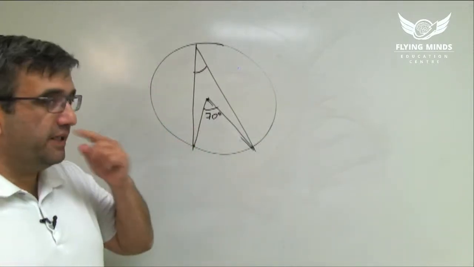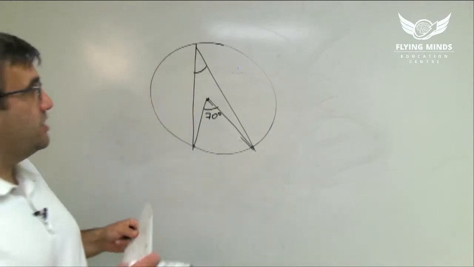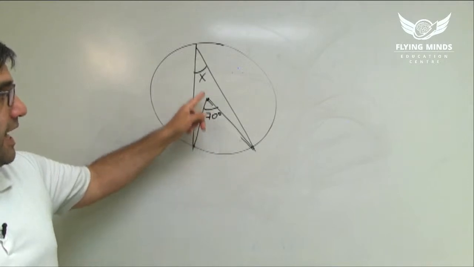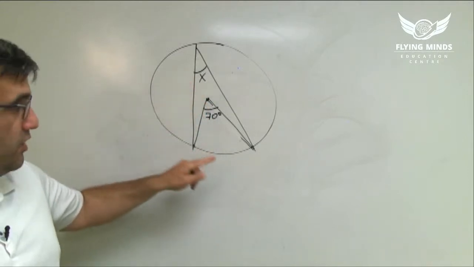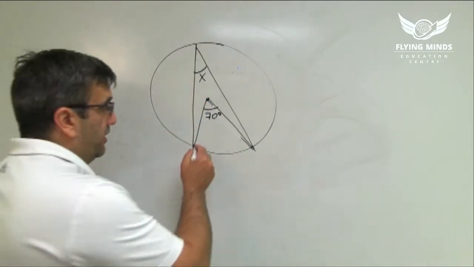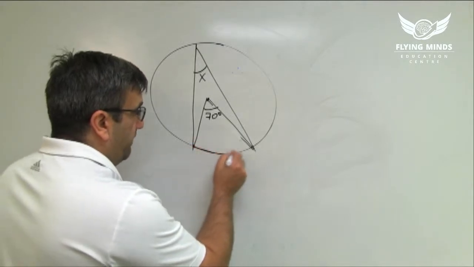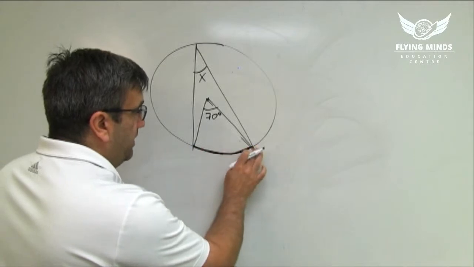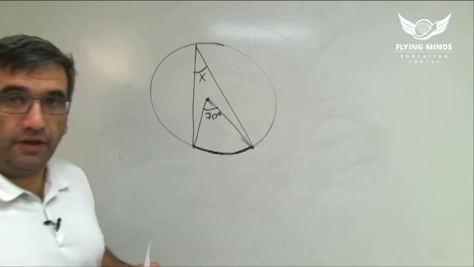What we need to know here is the relationship between a central angle and inscribed angle if they stand on the same arc, right? And this is what we have here. Both angles, central and inscribed angle, they stand on the same arc.